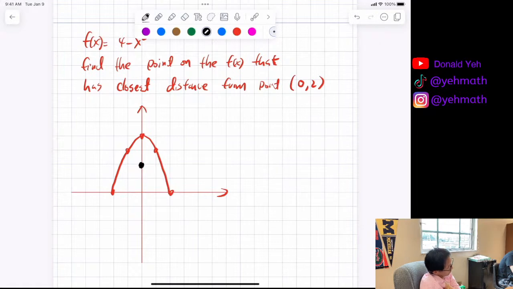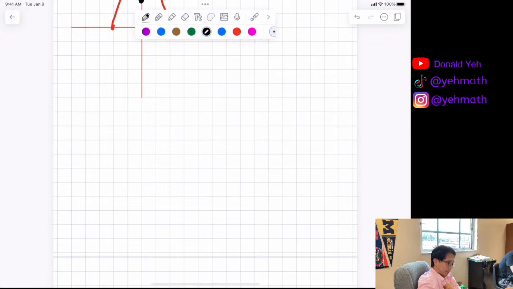What is the distance formula? Good job. Does anybody remember what the distance formula is? That's the square root of x2 minus x1 squared plus y2 minus y1 squared. How many of you remember that? Yeah, Pythagorean theorem. It's just the Pythagorean theorem.